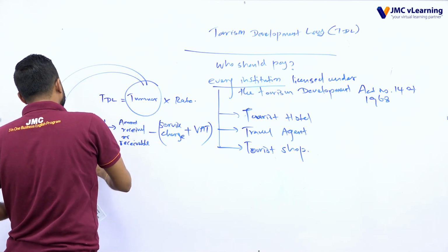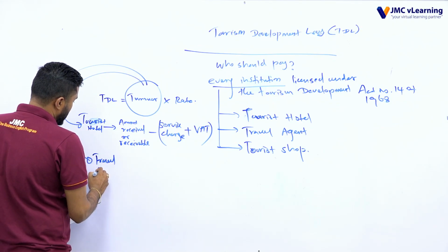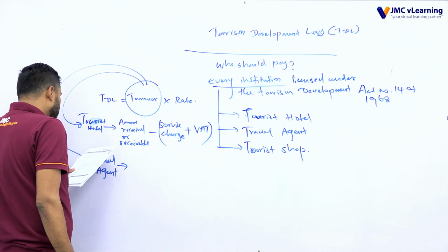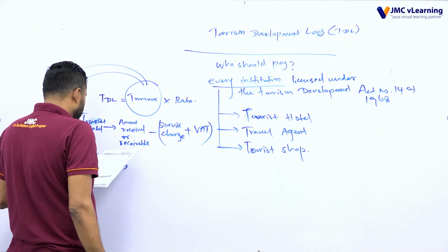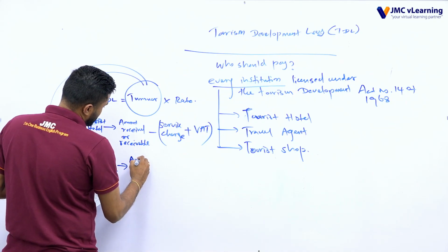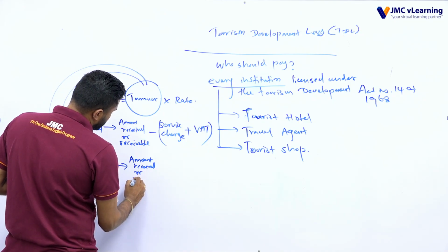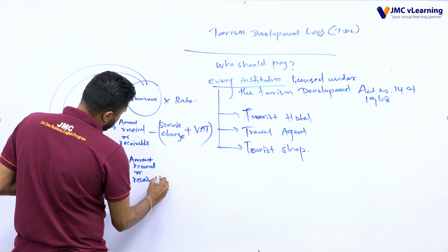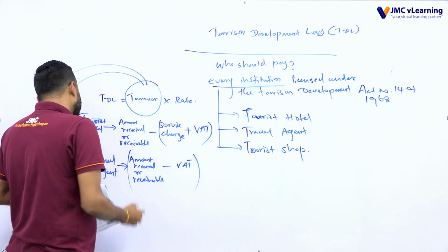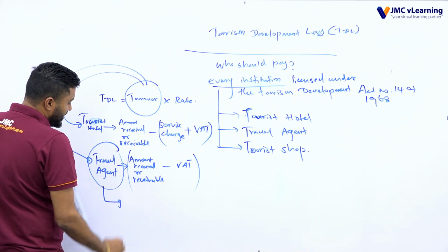Then we'll see how the travel agent can calculate the turnover. Travel agents need to calculate the turnover as amount received or receivable, minus any value added tax paid. So please keep in mind, the travel agent sometimes will sell air tickets.